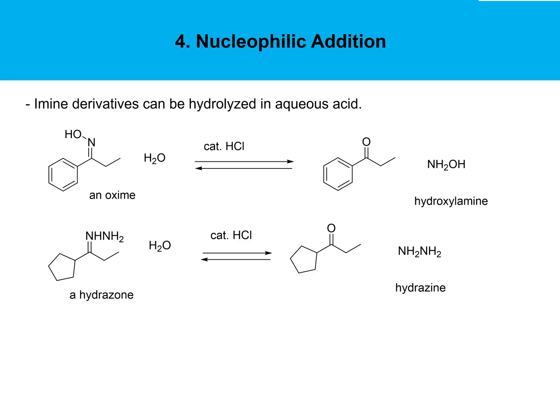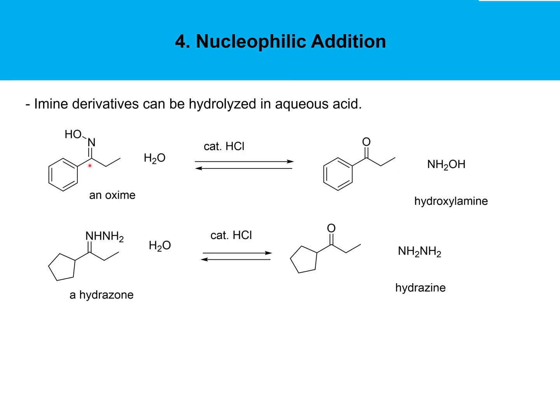Oximes and hydrazones and other imine derivatives can be hydrolyzed and converted into the corresponding aldehyde or ketone. Here's a couple examples, starting with an oxime. If we add water and HCl, we can convert it to the corresponding ketone plus hydroxylamine. You can tell you're going to get hydroxylamine by the fact that the nitrogen has an OH in the imine derivative.